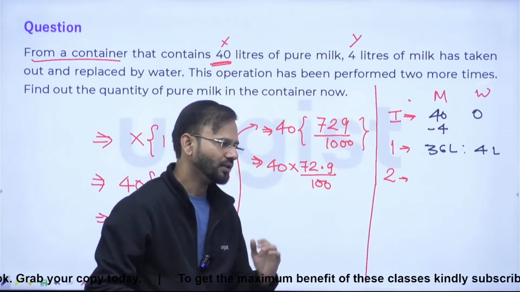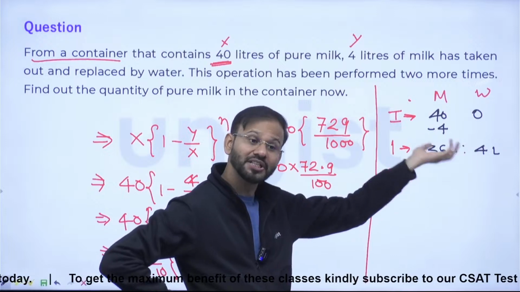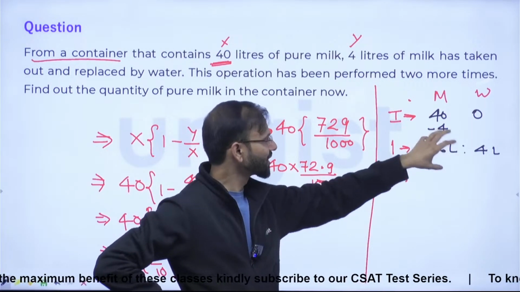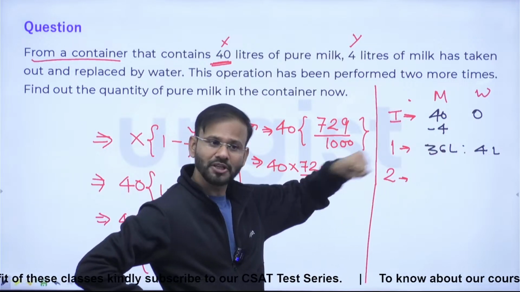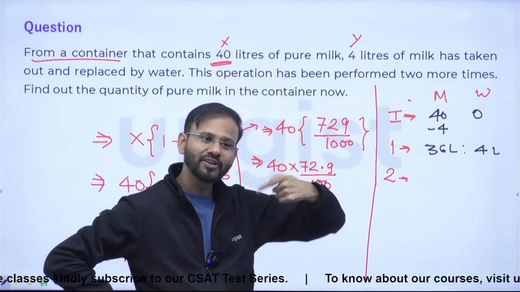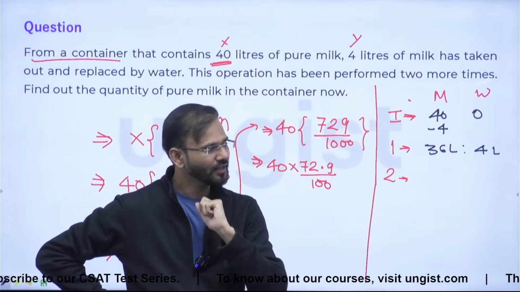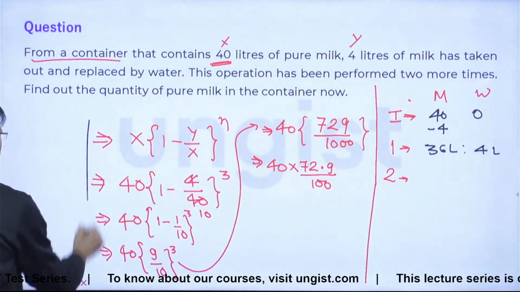Now, after that, we will take out 4 liters from this mixture, right? This mixture is actually 9:1, so when you take out something from this mixture, that will come out in the ratio 9:1. You are taking out 4 liters from this mixture, guys.